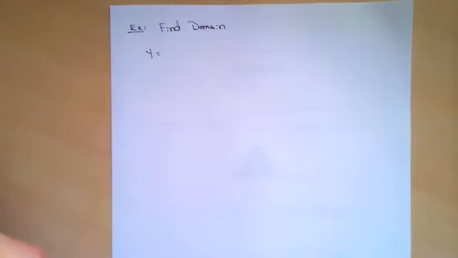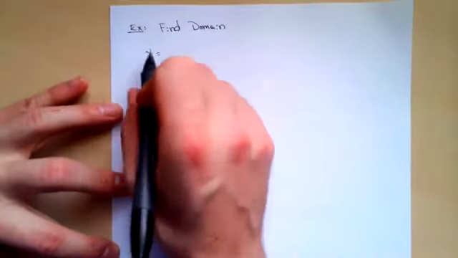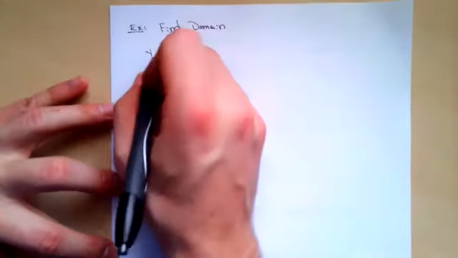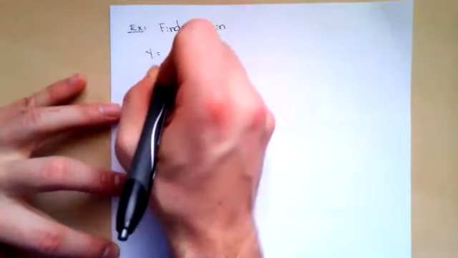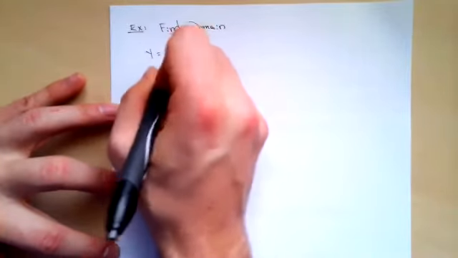And we'll talk more about this and see examples once we get into quadratic functions and harder rational functions, or perhaps even Wednesday. But for now, let's say we have a linear function. Let's do something fairly simple. Let's say 2x minus 6, but all of that is underneath a square root.